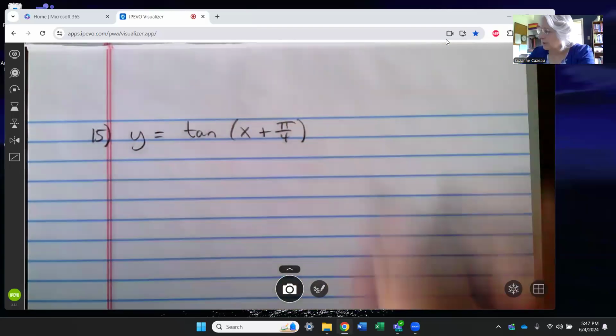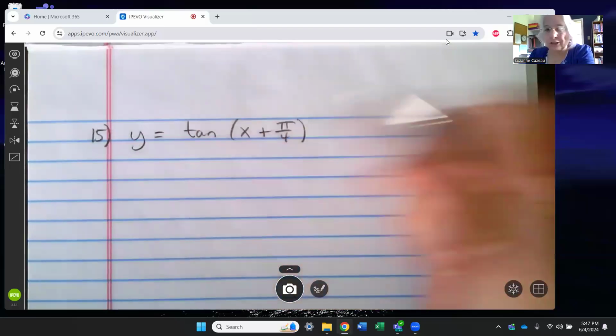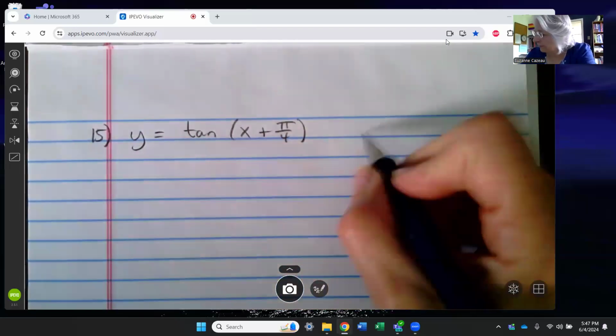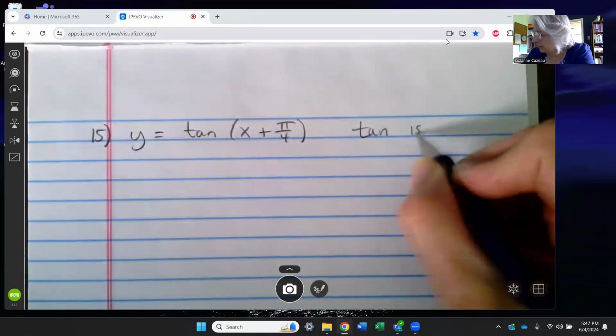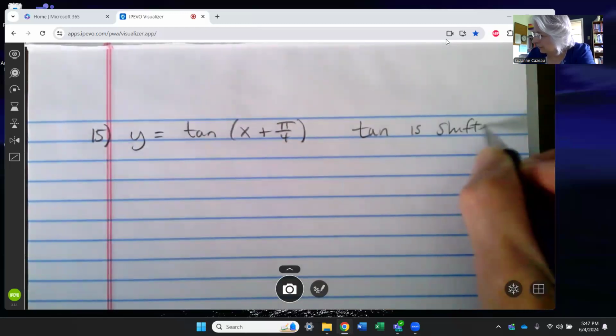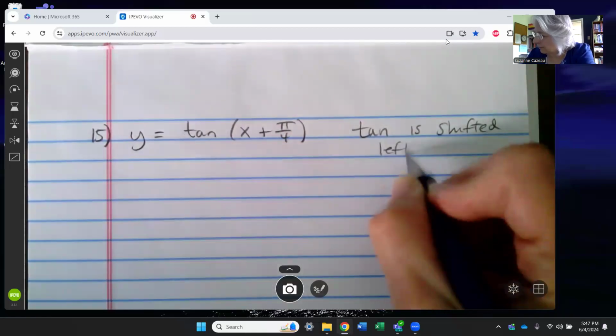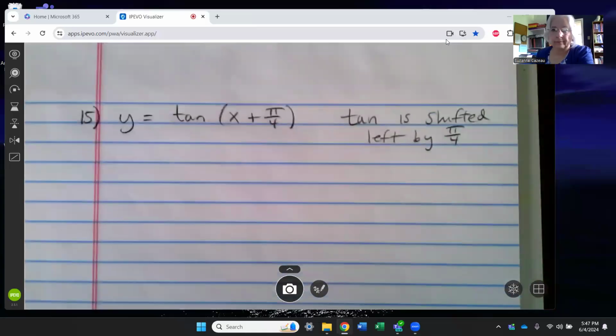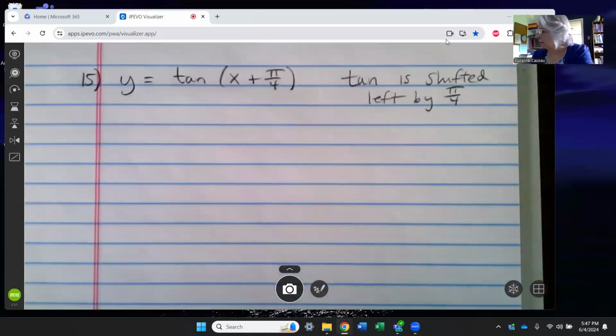All right. So all this is the tangent function shifted to the left by pi over 4. That's it. And they're going to ask for the principal cycle. They're probably going to ask that.